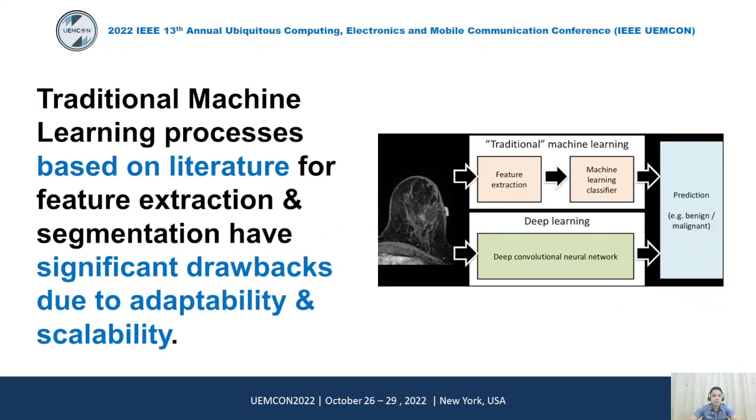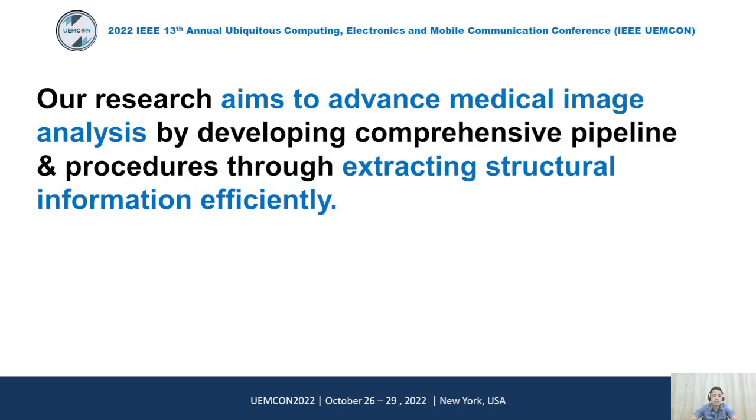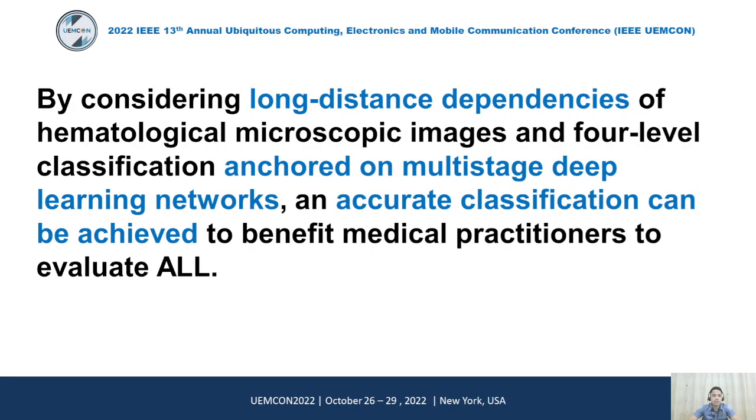Based on the literature, many have attempted to identify leukemia by using feature extraction and segmentation, but they have significant drawbacks in adaptability and scalability. For our research, we aim to advance medical image analysis by developing a comprehensive pipeline and procedures for extracting structural information efficiently.